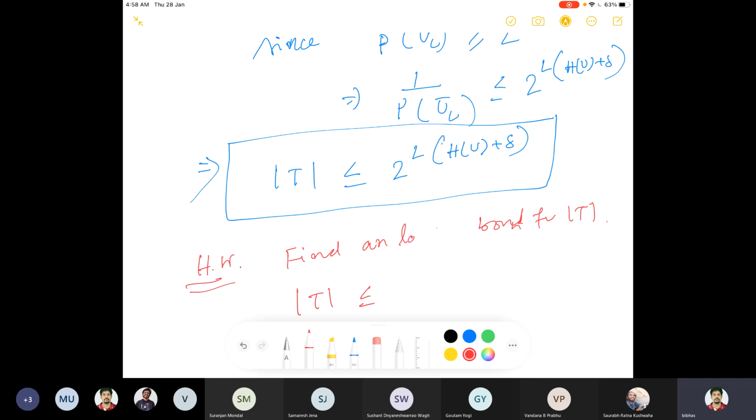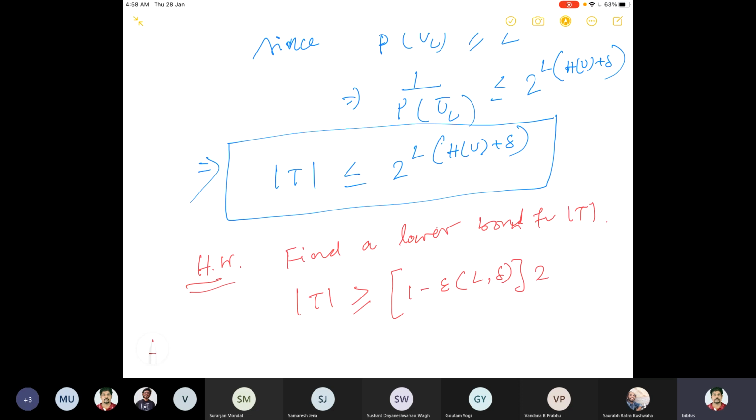Lower bound of this. So you have to show, this is very simple by the way, that this is bigger or equal to 1 minus delta times 2 to the power L (H(U) minus delta).